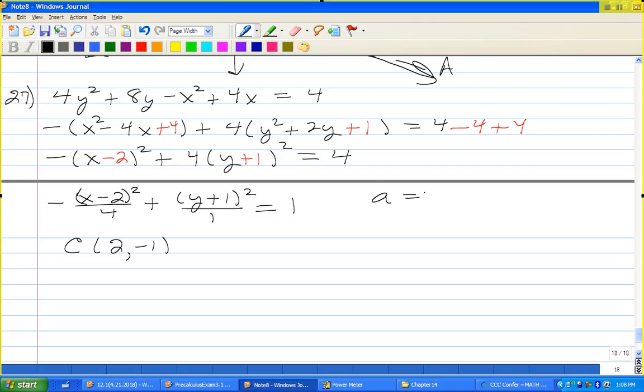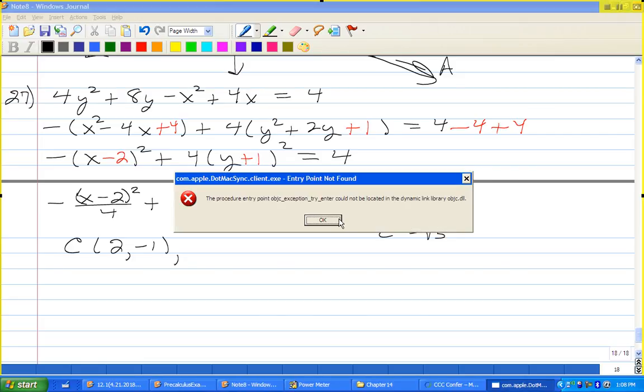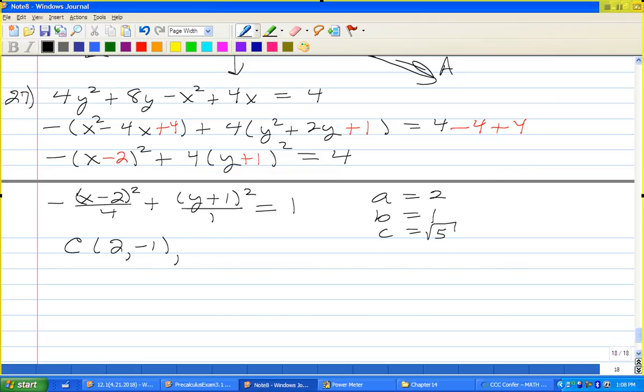And so the center is at 2, negative 1. A is 2. B is 1. C, 4 plus 1 is 5. The vertices are at 2, negative 1, plus or minus 1.